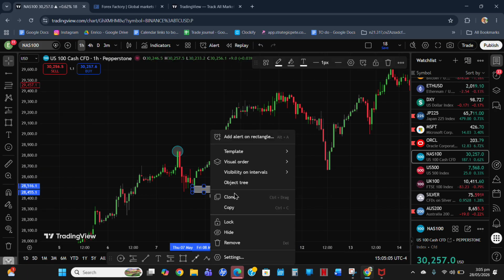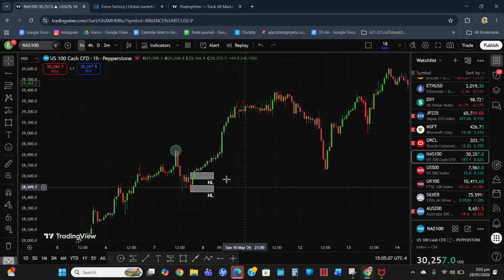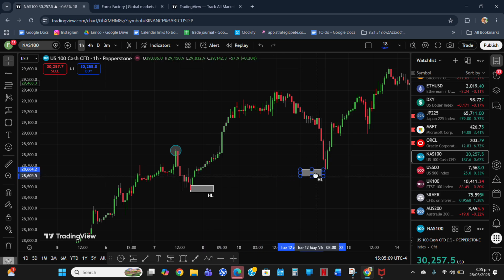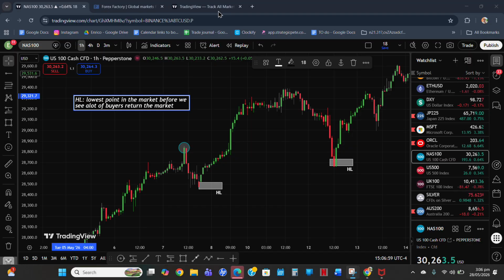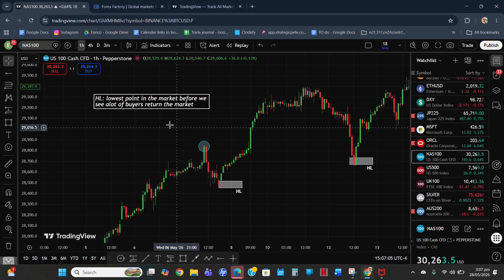Let me just go ahead and clone this. All right. Let me just add some notes here as well. So this is kind of the same concept as well, right? Perfect explanation for the higher low.